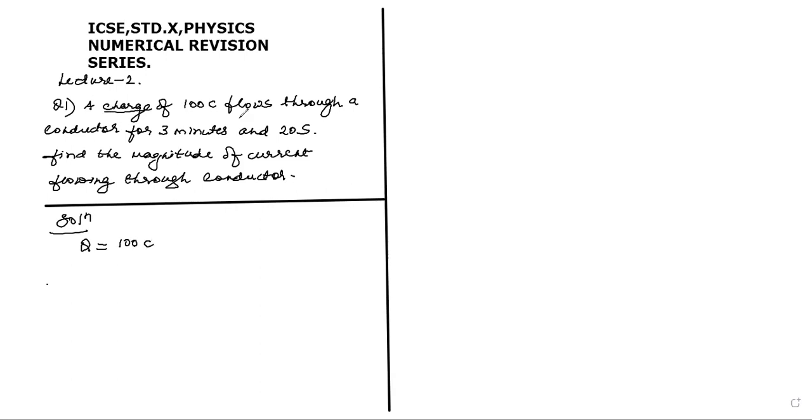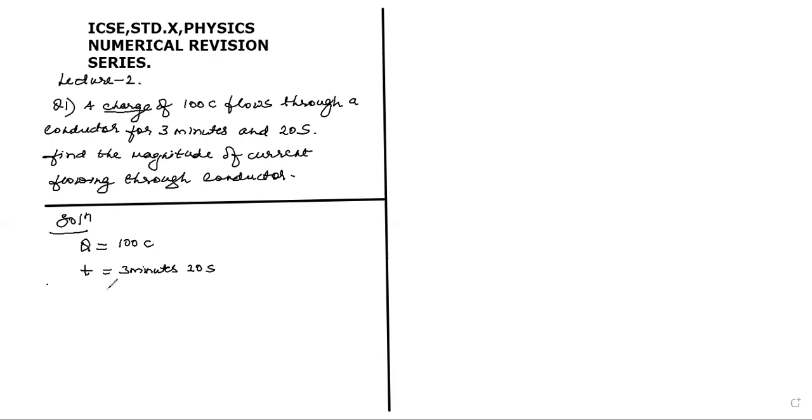Then it flows through a conductor for 3 minutes and 20 seconds. This is time, t. Keep it in mind, children, everything should be in SI unit.